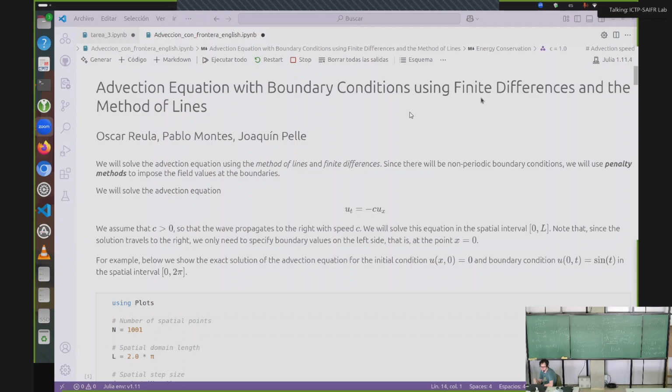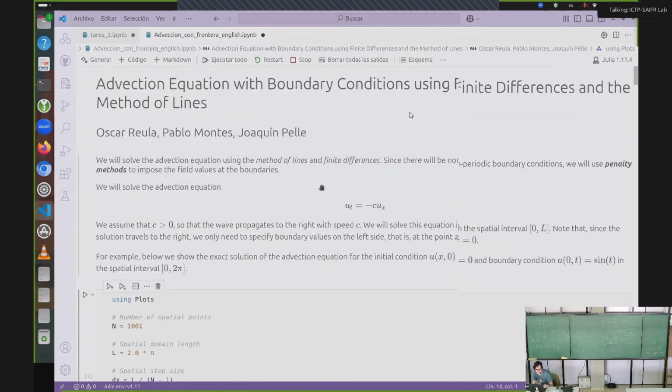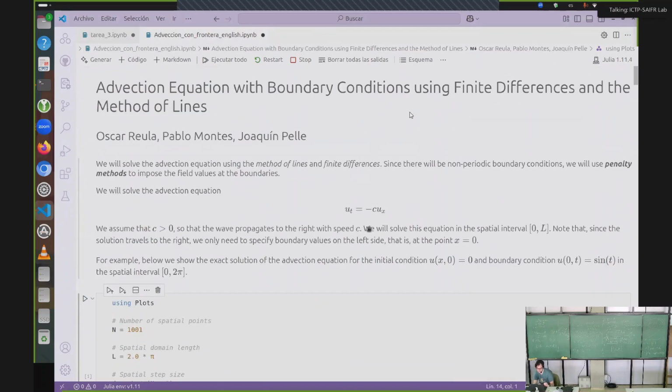We are again discretizing in space, then evolving in time, calculating the spatial derivative to evolve in time using Runge-Kutta, but now we are not using periodic boundary conditions, but we are using some conditions at the extremes of the solution. Right? So this is the idea of what we want to do. Again, this is our equation in this case.